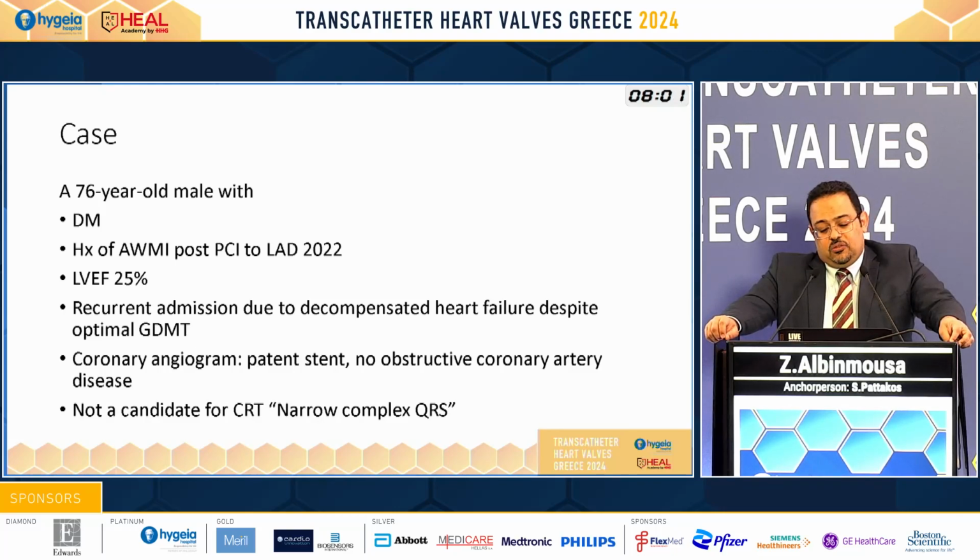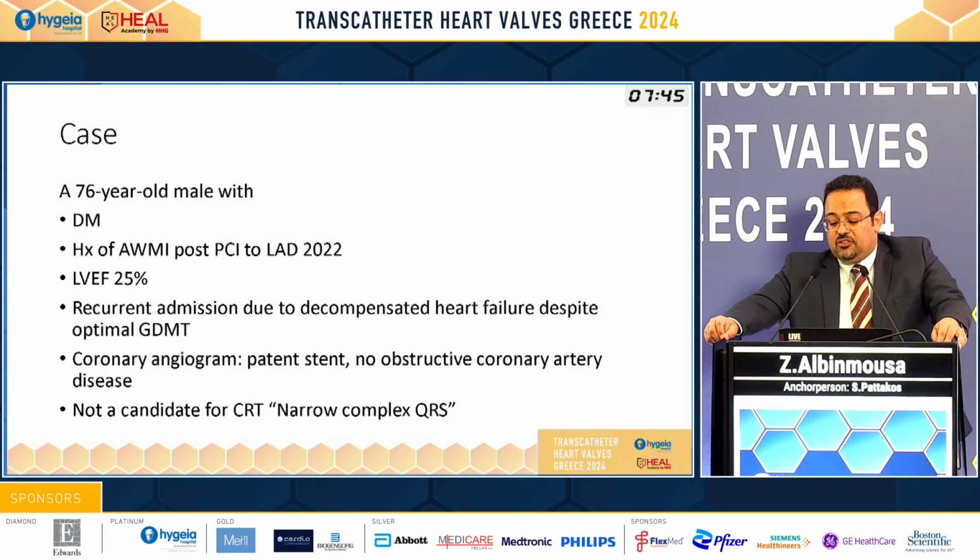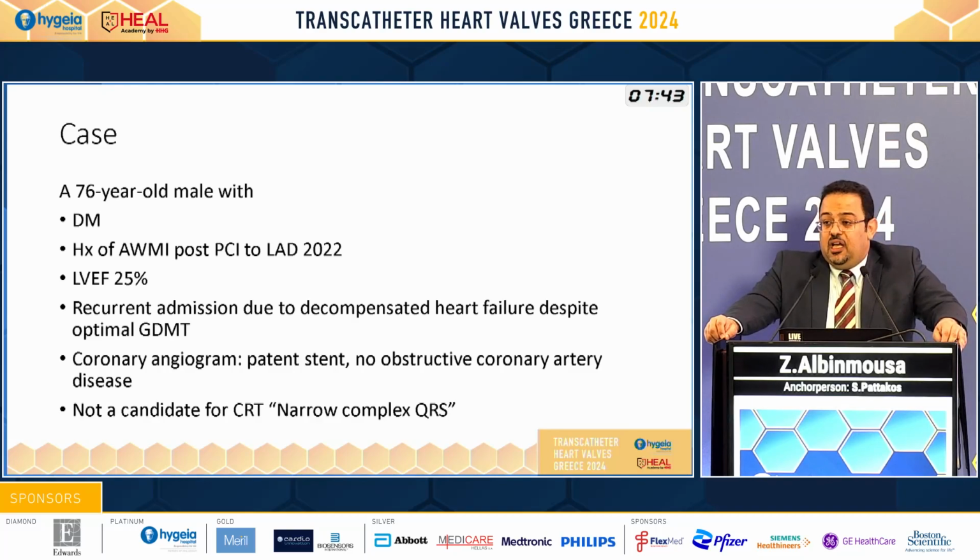A 76-year-old male, diabetic, with history of MI, post-PCI to LAD in 2022, ejection fraction severely reduced at 25%, with recurrent admissions due to decompensated heart failure despite optimal guideline-directed medical treatment.